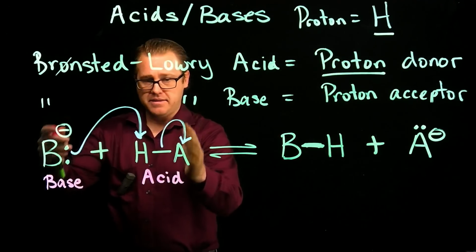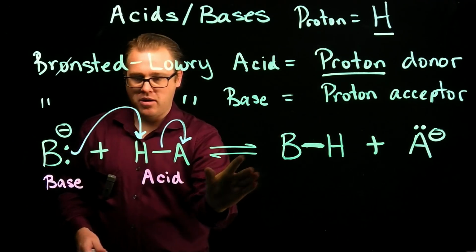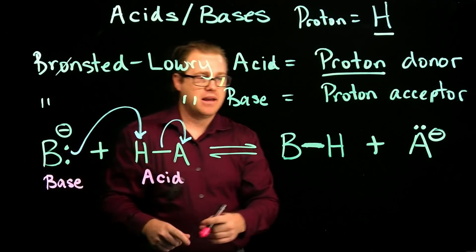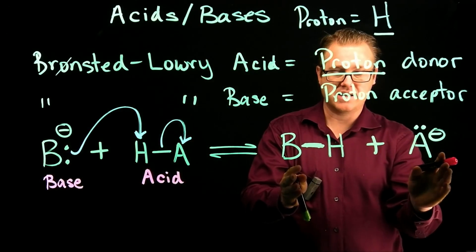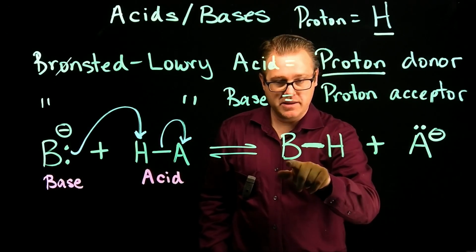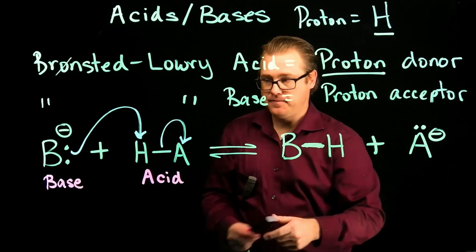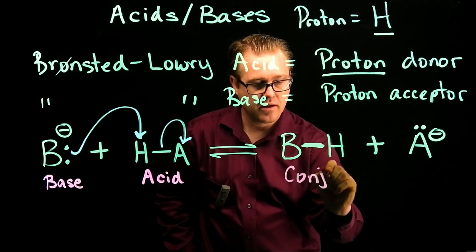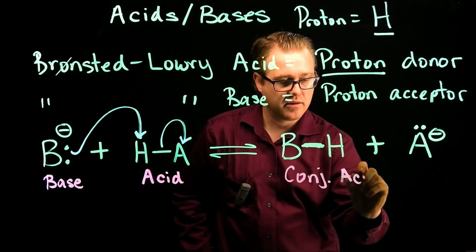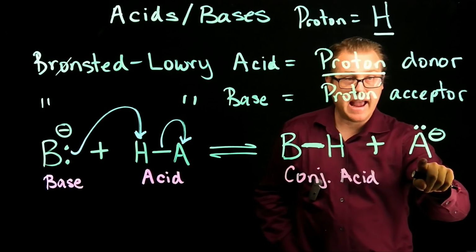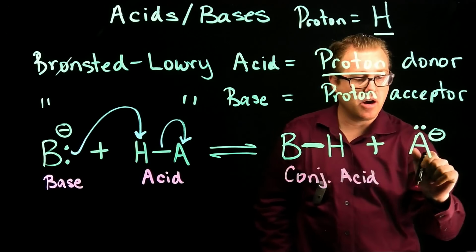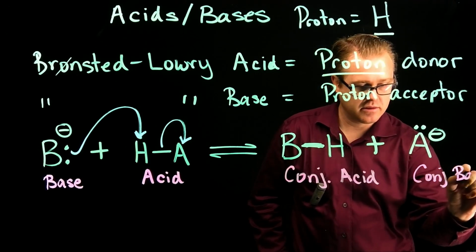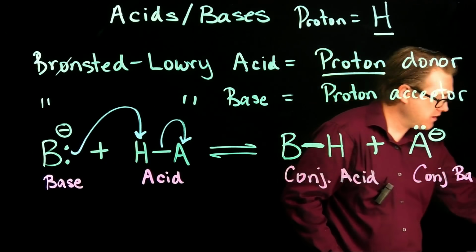Now, on the left side of the equilibrium arrows, we are always going to have a base and an acid. Then on the right side, this B now becomes the conjugate acid. And this A minus is now going to be called the conjugate base.